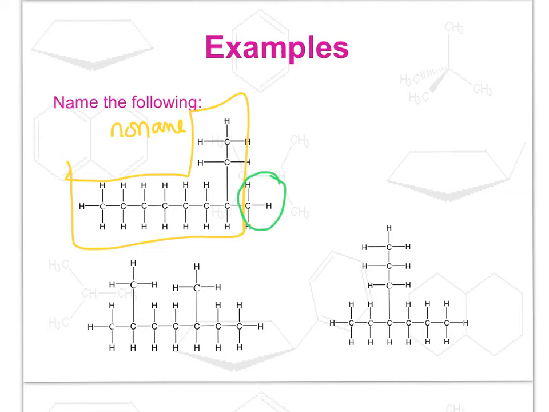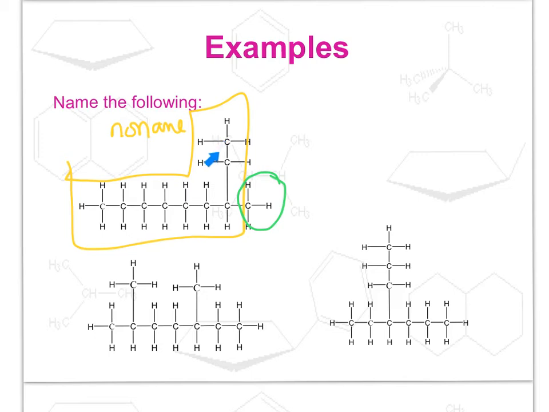That is a branch coming off of the main chain. So what we do is we figure out which carbon on the main chain the branch is attached to. We can number it by starting from here, as carbon number 1, or we can start from here. Which method is better or correct?